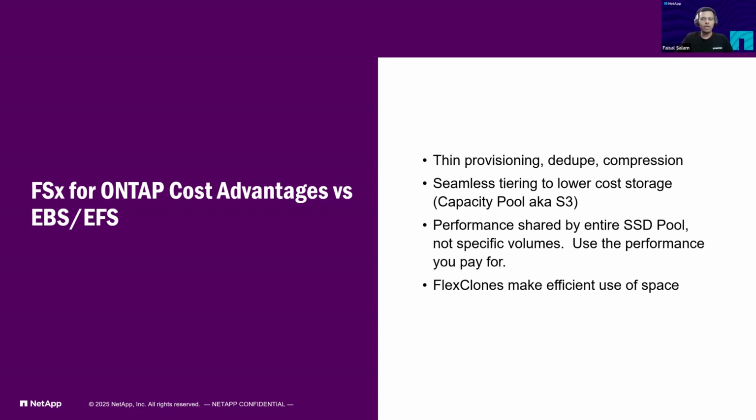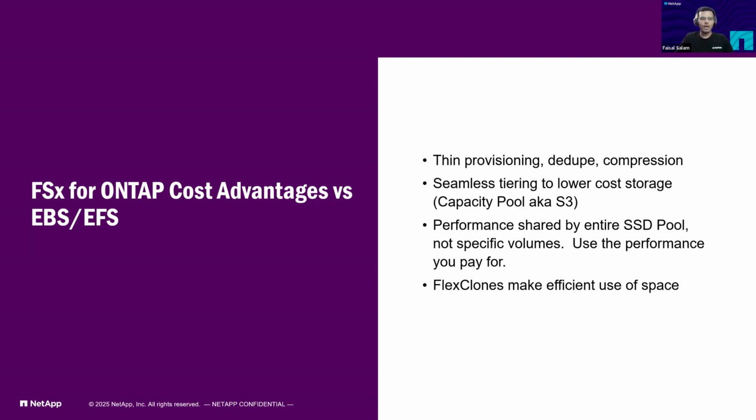And these are all good from your cost consideration perspective. Add to that, if you enable data tiering to S3, where your cold data is automatically moved, that's also something that is going to help keep your costs low.